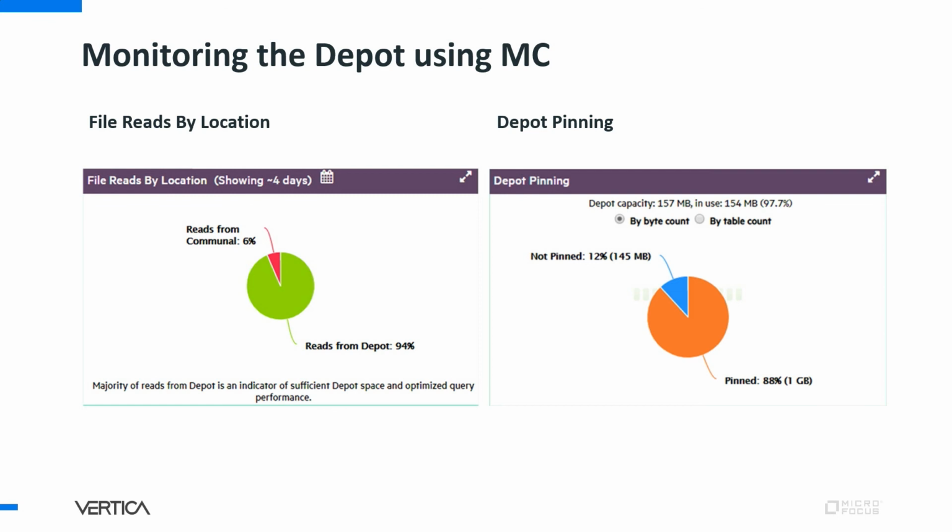There are default charts you can find in the MC, and you can filter based on the number of days, and you can see how much data is read from communal storage and read from depot kind of stats, and you can see how much pinned data is available in the cache and non-pinned data is available in the depot. Like that, you can see these charts and you can understand what exactly is happening in the background. So this will be helpful for you to optimize your depot storage and clear the depot whenever you think it's not needed anymore.